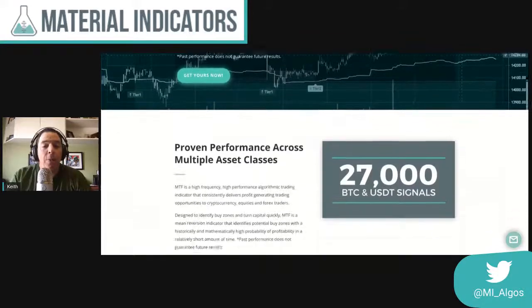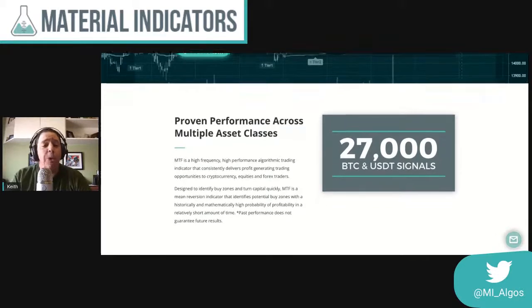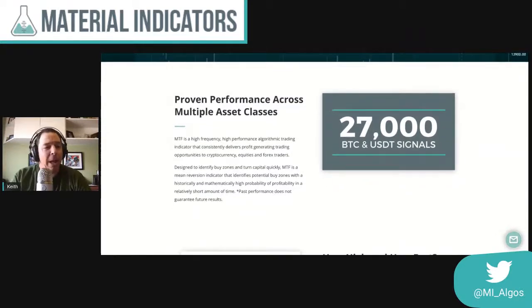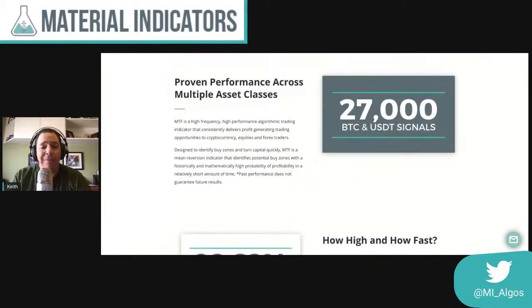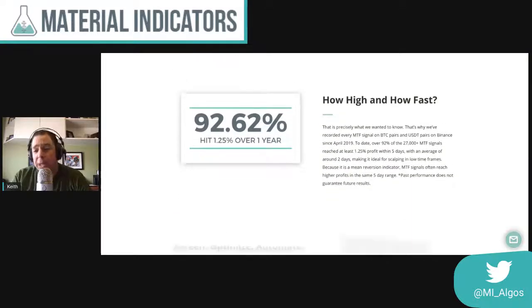So we've been testing these indicators for about 2 years. 27,000 plus signals between BTC and USDT pairs. And the vast majority of those, 92% plus, hit 1.25% or higher in a very, very short amount of time. So, that's relative.